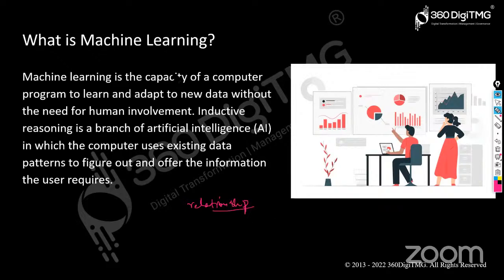Machine learning is the capacity of a computer program to learn and adapt to new data without human involvement. We are talking about a training process, but not training a human being; we are trying to train a machine so that it can figure out things just like how we humans do.